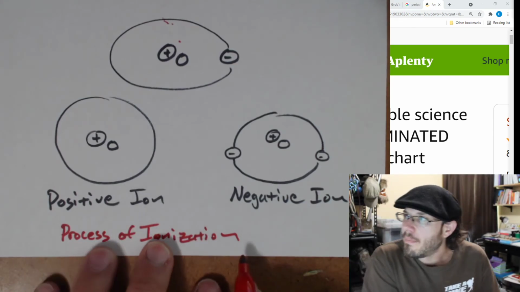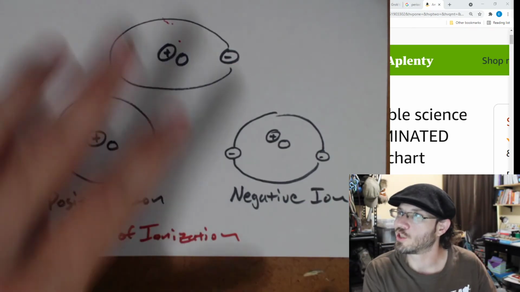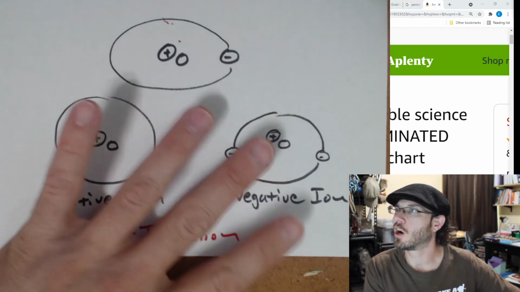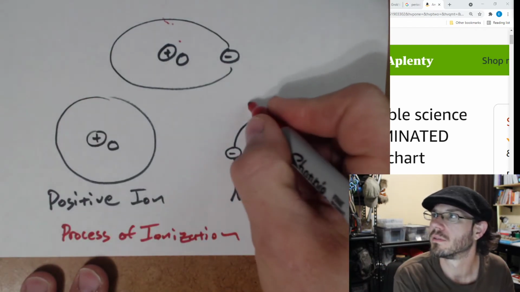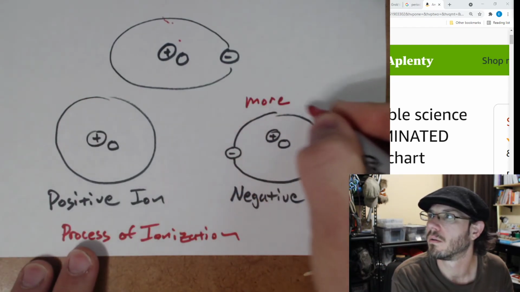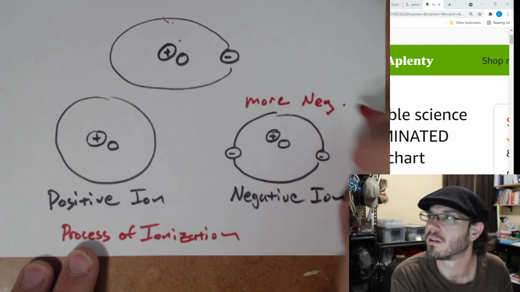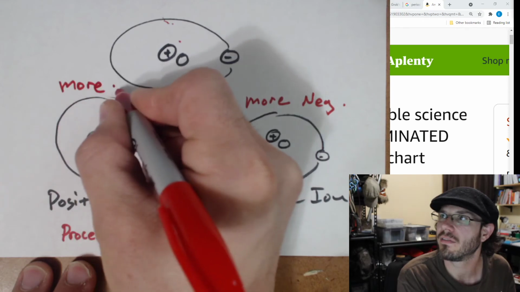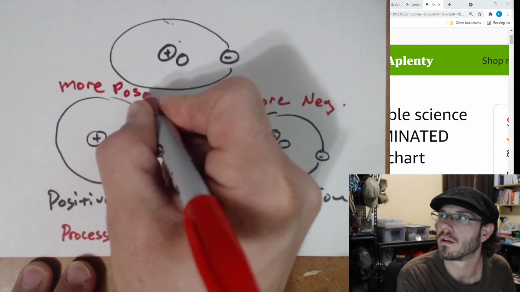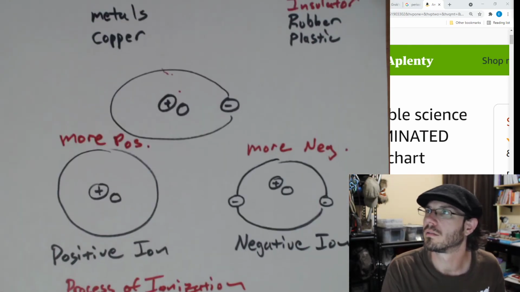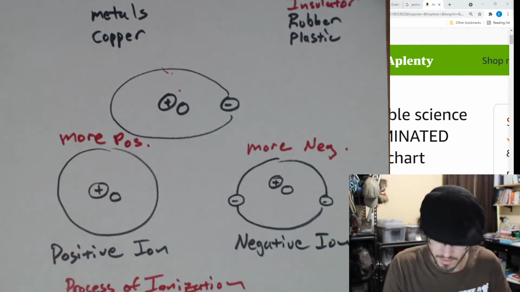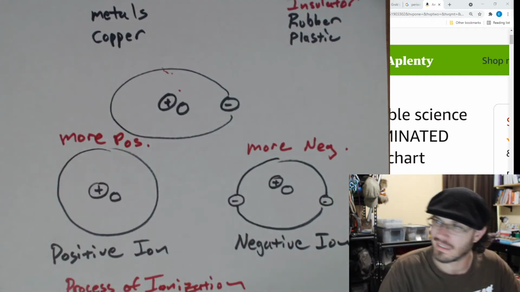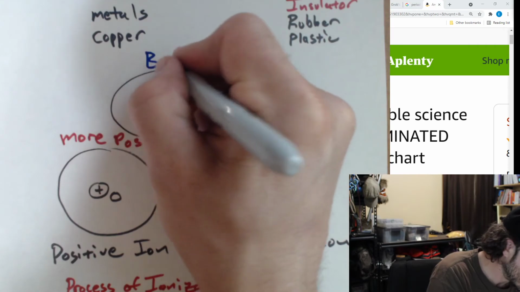And we care about this because it alters the balance of charge. More negative, more positive, balanced over here.